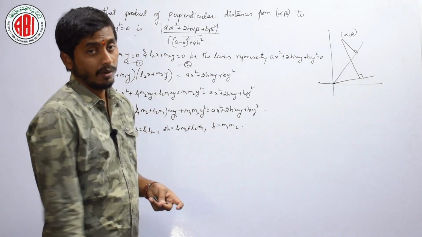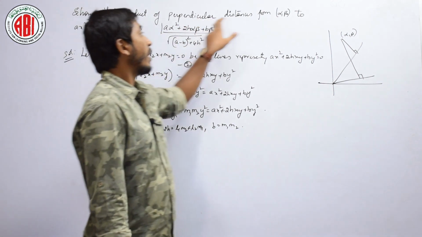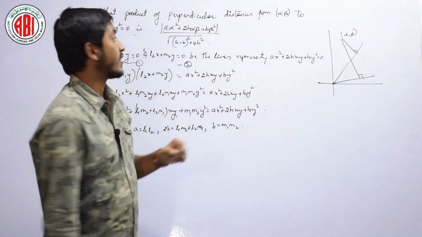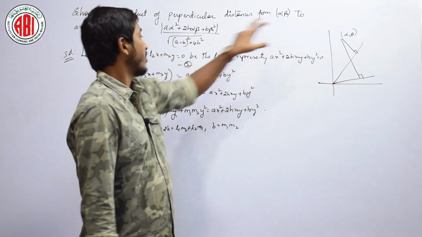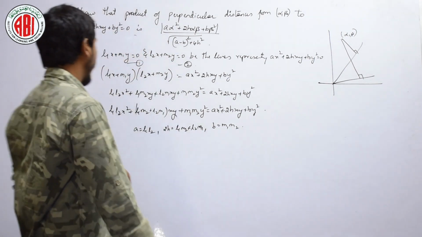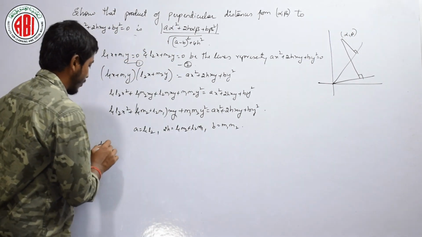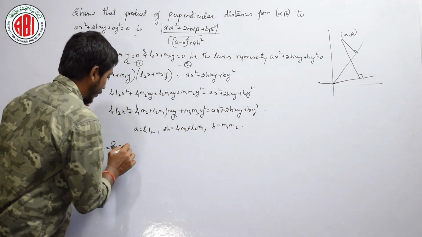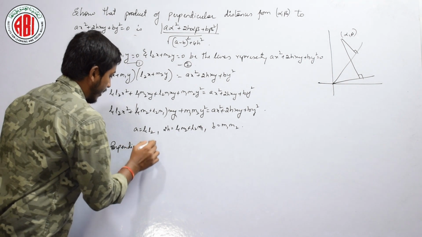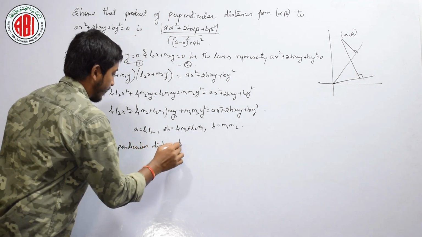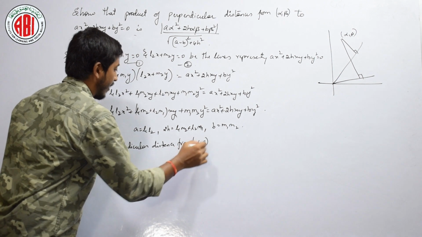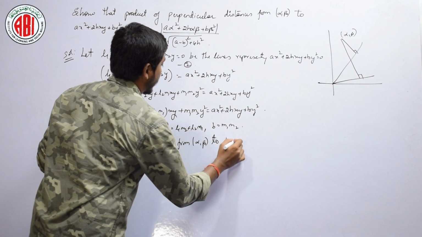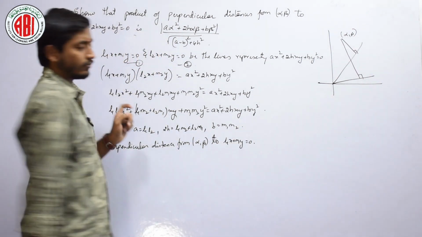Is it right? Now, he is telling that the product of perpendicular distances from this point, which means first of all we have to find the perpendicular distance from this point to the first equation and from this point to the second equation. Let us assume the first perpendicular distance to be d1, that is the perpendicular distance from point alpha comma beta to the first equation, L1x plus M1y equal to 0, right.